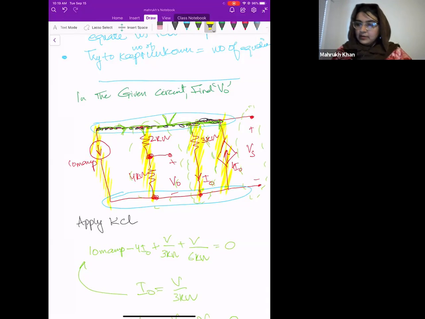Do you think that if I know this V, it will help me to find V naught? So this is V, the total voltage in this total branch. What do you think, are the 2 and 4 kilo ohms in series or parallel? Series, right? So if I know the total voltage across the branch, I can find the voltage across 2 kilo ohms or 4 kilo ohms by applying the voltage divider rule, right?